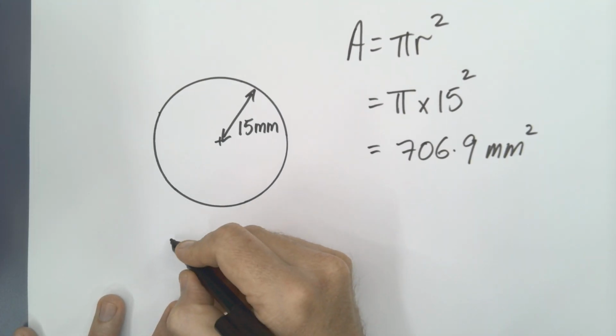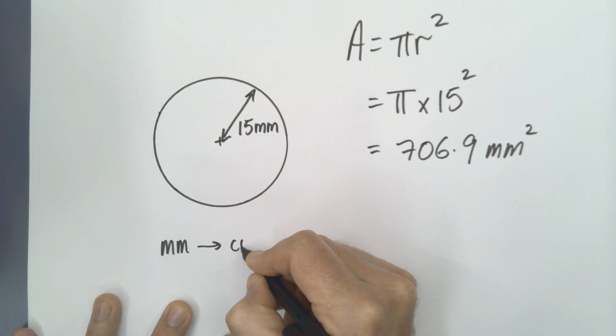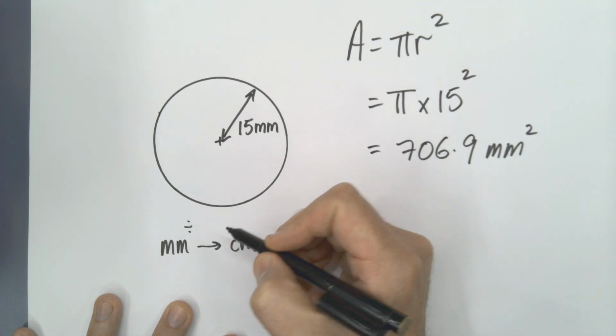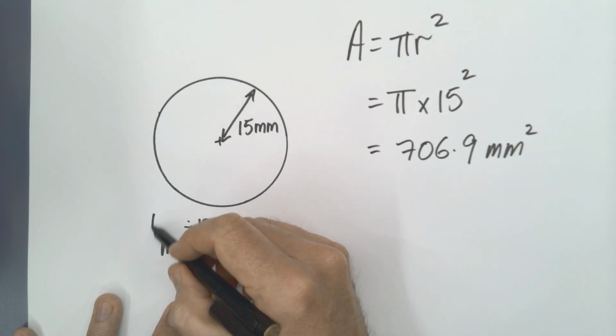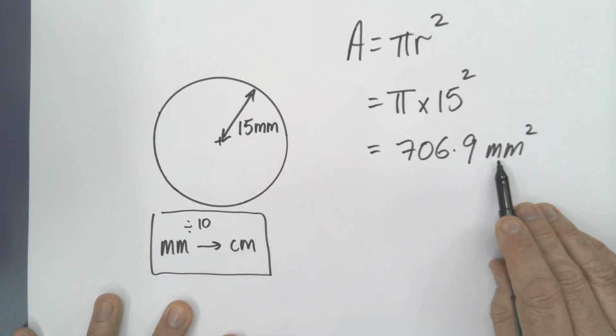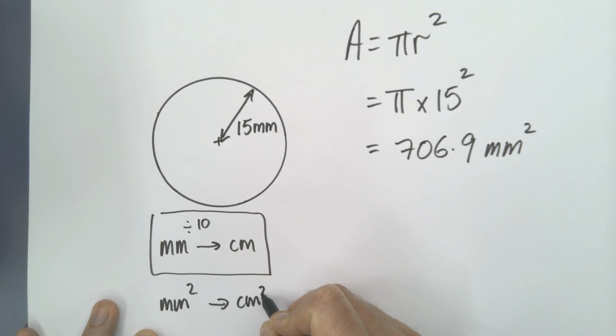If you've got just plain old millimeters into centimeters, you're starting small, so you divide, and 10 is the number that matches. But we don't just have millimeters to centimeters, we've got millimeters squared into centimeters squared.